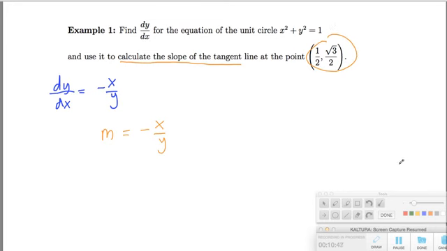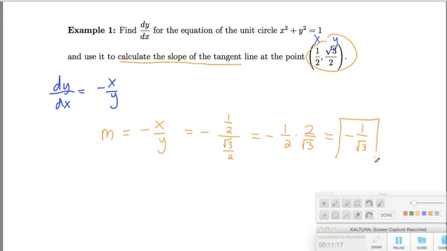Well, remember, the first coordinate is x, second coordinate is y. So all we've got to do here is put in a negative. The x is 1/2. The y is square root of 3 over 2. And then just to clean this up, we can multiply by the reciprocal, just dividing fractions here. This gives us 1 over the square root of 3.